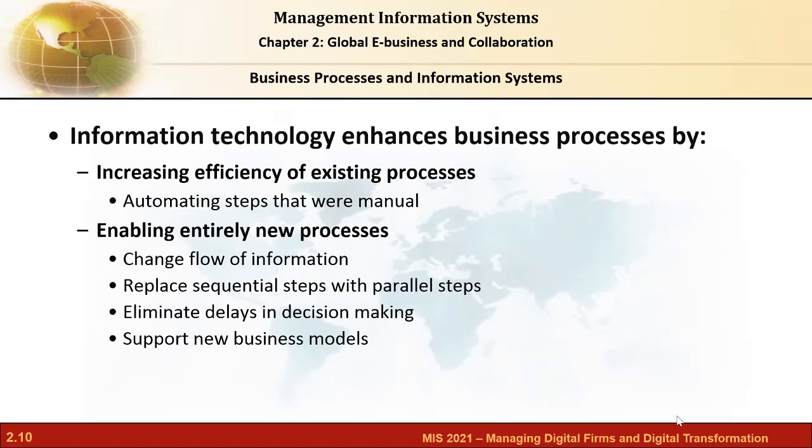So we have understood business processes. Inside an organization, we have different functional departments with different interests, different specialties, and levels of the organization, using different kinds of information, different parts of the information system. And we can see that no single system can provide all the information that an organization needs.